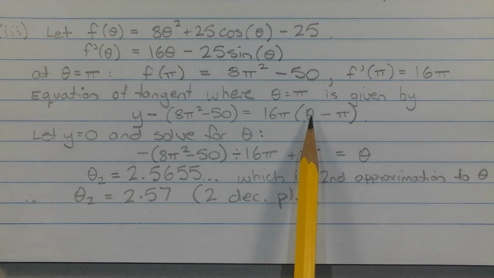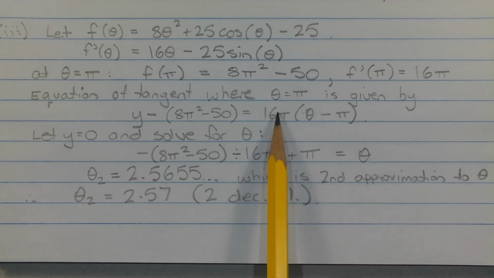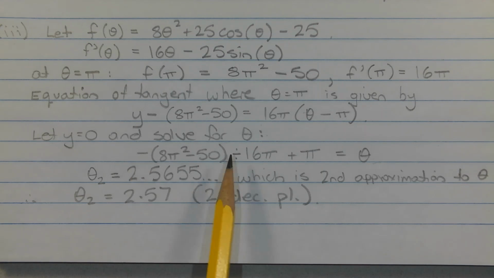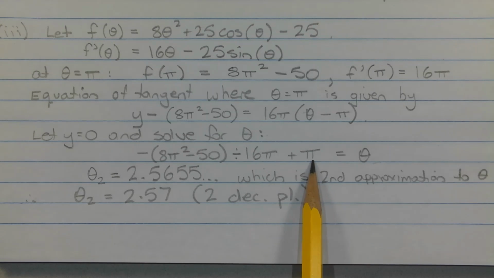And then I'm left with theta minus pi on the right hand side. So this minus pi can also move over, it becomes plus pi. And we end up with negative (8 pi squared minus 50) divided by 16 pi, plus pi, is equal to theta. And this represents the value of our second approximation to theta.